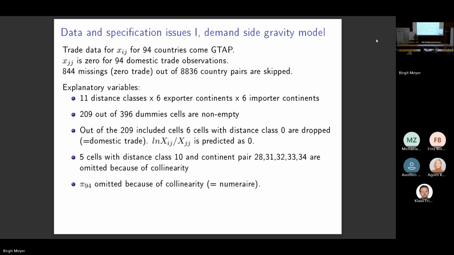You have this trade matrix, you use n squared observations. And then you go to the supply equations and you use n observations. And you estimate the pi using n observations because you have an exporter effect, and for each exporter you have n importers.